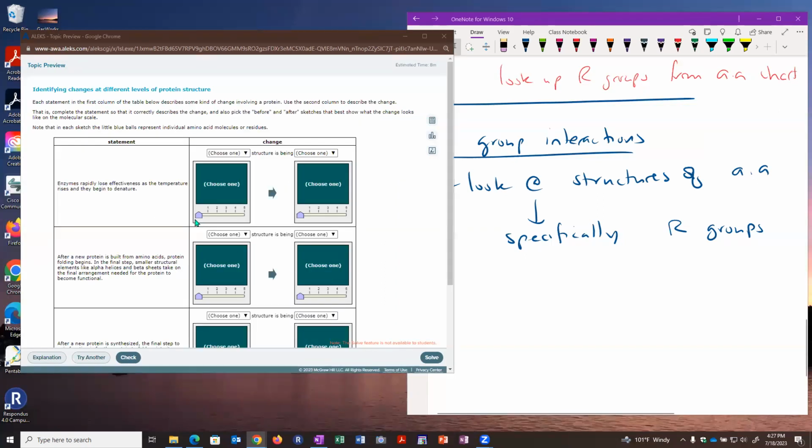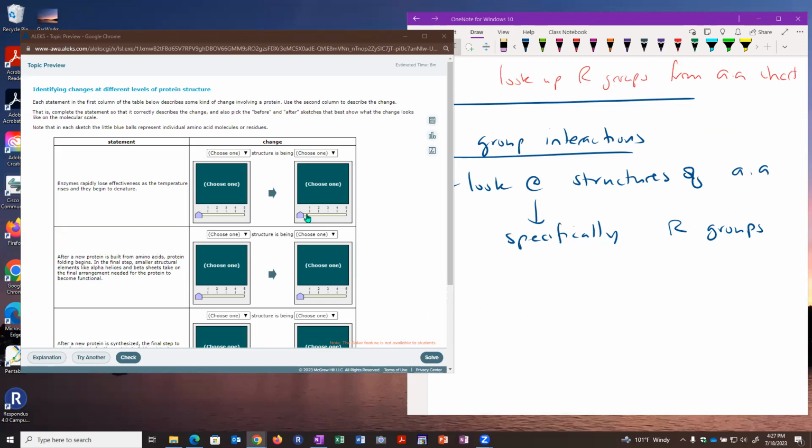All right, so in this question, we're taking a look at the different levels of protein structure. And as a general theme in chemistry and in biology, there's a pretty significant connection between structure and function. That is, a molecule or a compound needs to have a very specific structure in order for it to carry out its function. And that's especially the case for proteins.